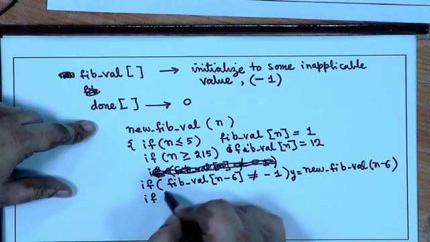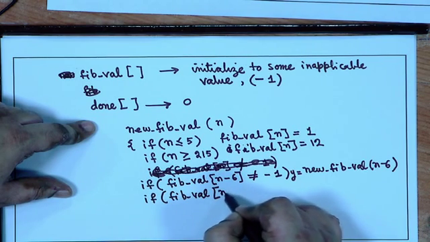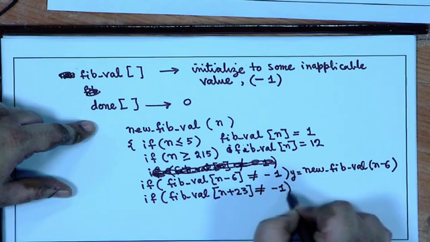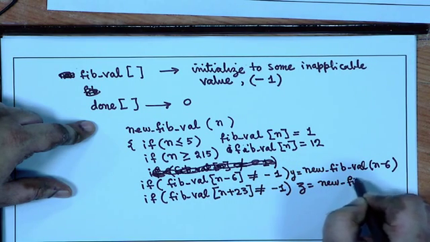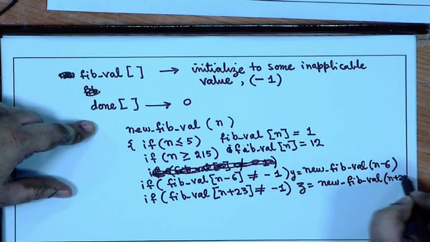Then we check if fib_val(n plus 23) is not equal to minus 1, then z is equal to new fib_val(n plus 23).